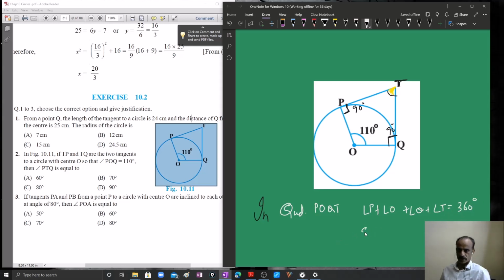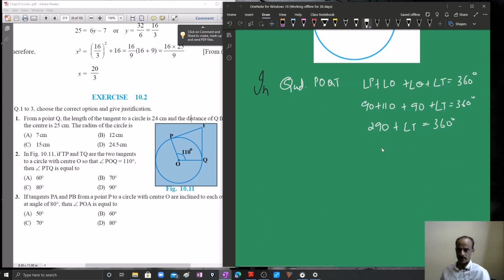So here it is 90 plus 110 plus 90 plus angle T is equal to 360 degrees. So 290 plus angle T is equal to 360 degrees. Angle T, meaning angle PTQ, is equal to 360 minus 290 degrees, and that is equal to 70 degrees.